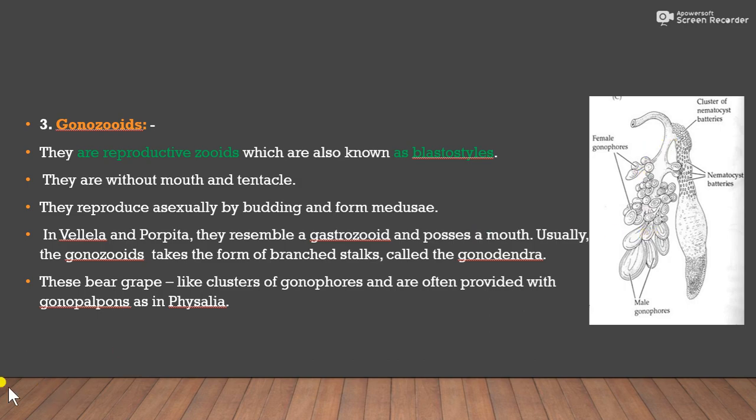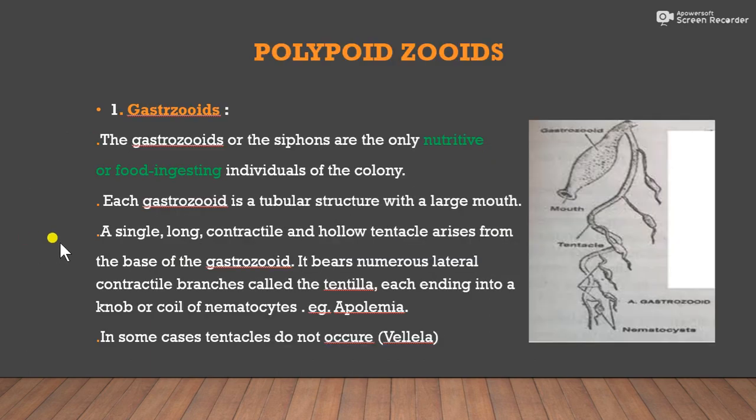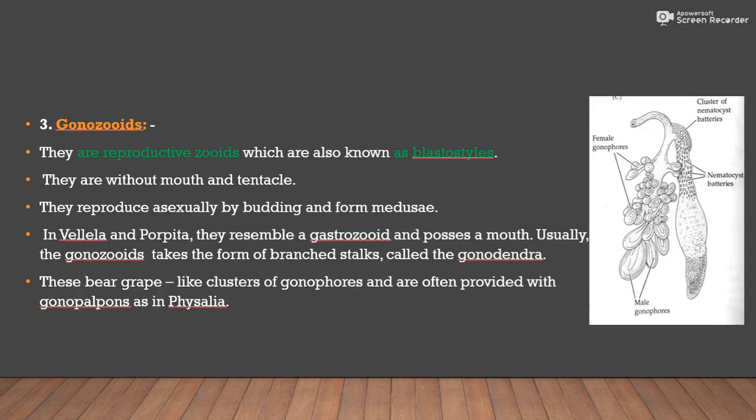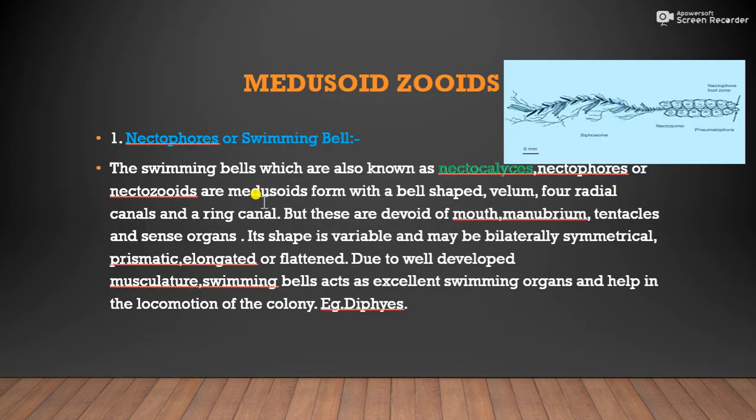Now all these three are the polypoid zooids: gastrozooids, dactylozooids, and gonozooids. Now we see the medusoid zooids, and the different modified medusoid zooids.